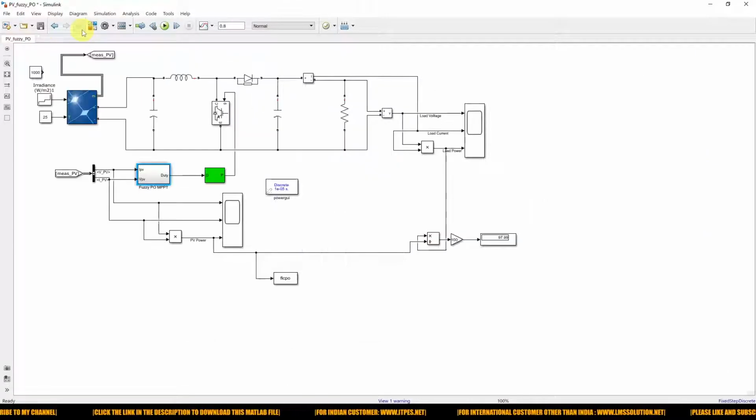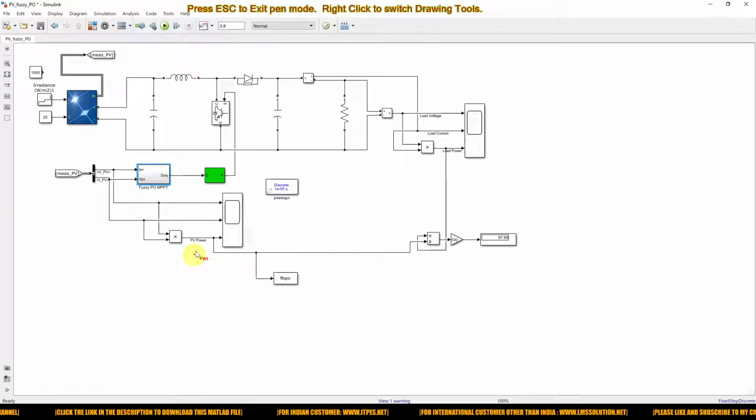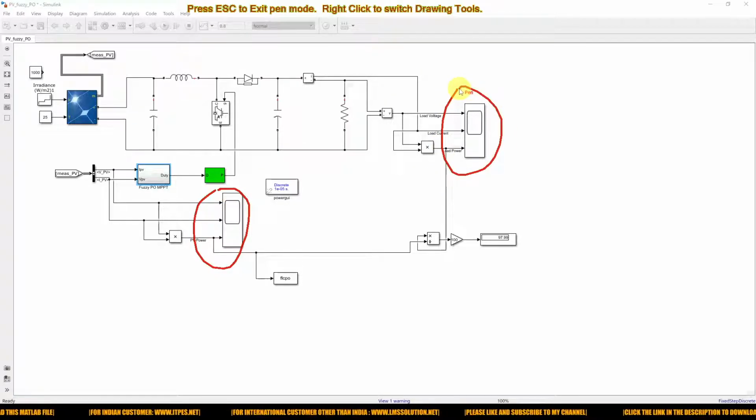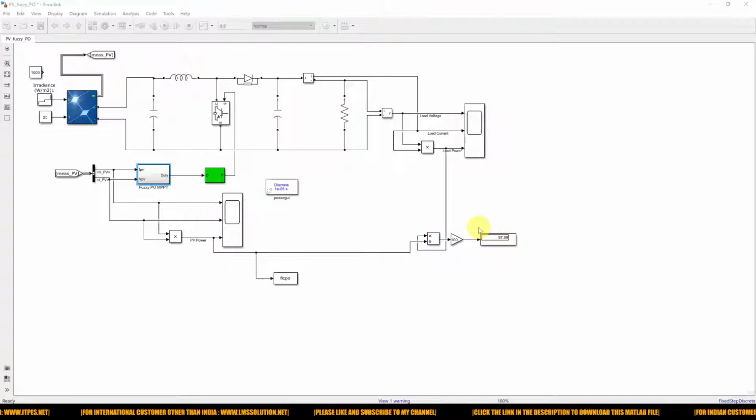Next, here we are measuring the PV parameters: PV voltage, current and PV power. And here we are measuring load parameters, that means load voltage, load current and load power. And also we are measuring the efficiency of the system. The solar PV is receiving two inputs, irradiation and temperature.